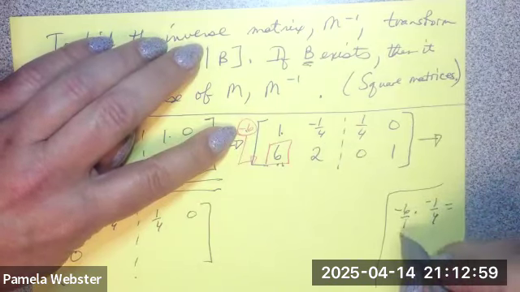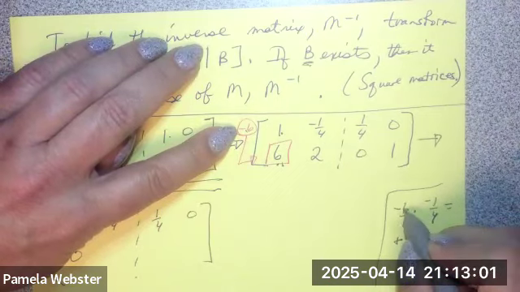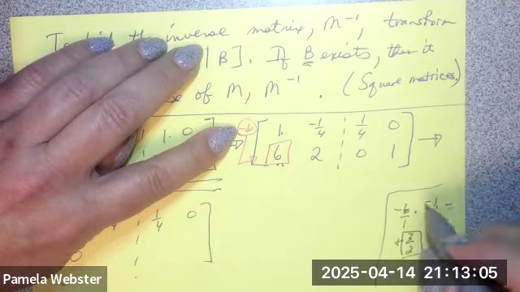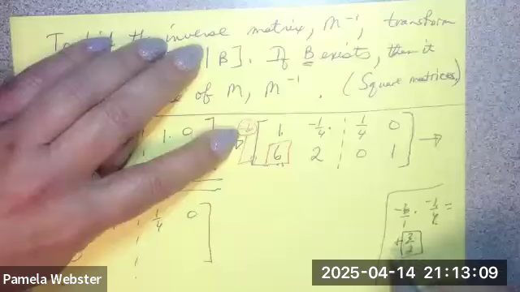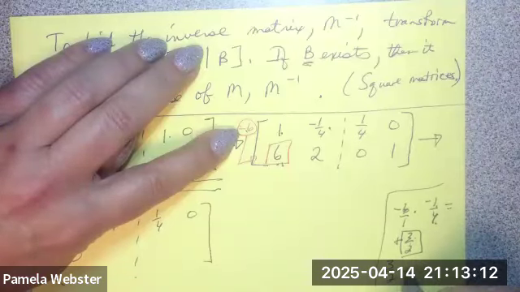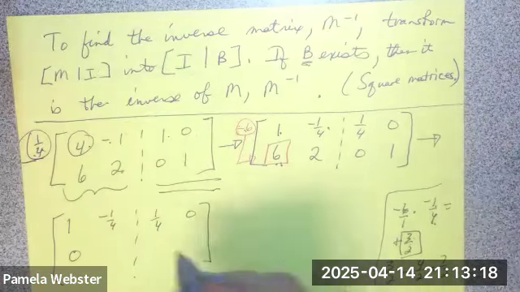A negative and a negative is going to be a positive. And 6/4 is going to be 3/2. I did that one just a little bit ago. Okay, so this is going to be 3/2. And then 3/2 plus 2. Well, 2 is the same as 4/2. So I think this is 7/2.